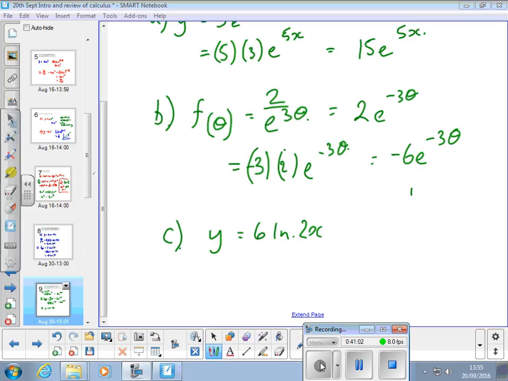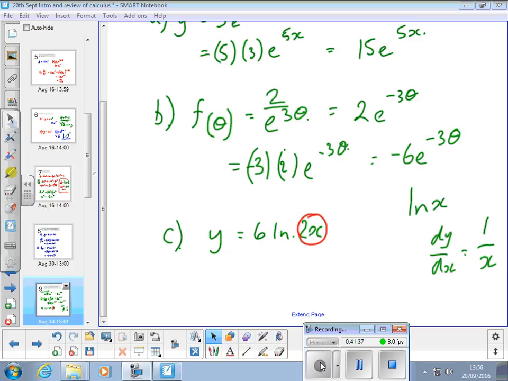Ln x, if we've got ln x, dy by dx equals 1 over x. Yep. So the number we've got here is 2 times x as a number.